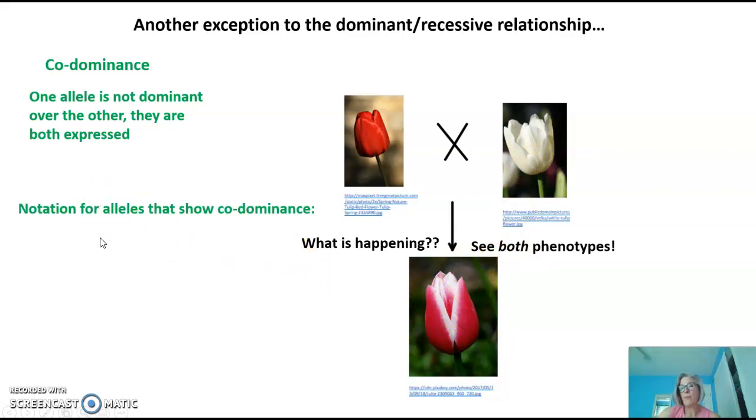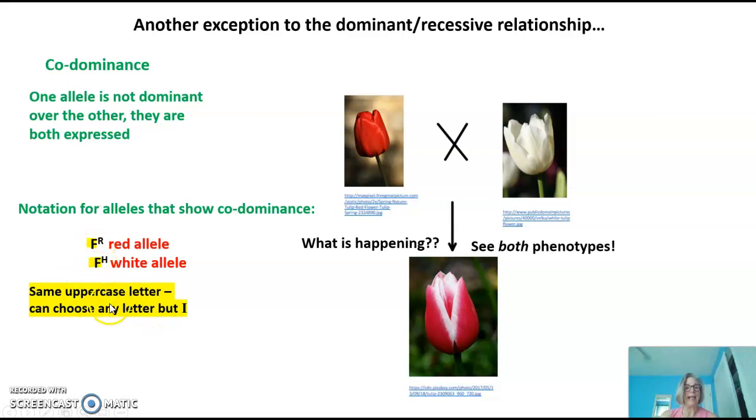So what's hard about this one, codominance, is the notation. So we have to do a different form of notation to indicate that the alleles are showing codominance. So what scientists have come up with is what we do to show each individual allele is for two alleles of the same gene that show codominance, we first have an uppercase letter, and it has to be the same letter.